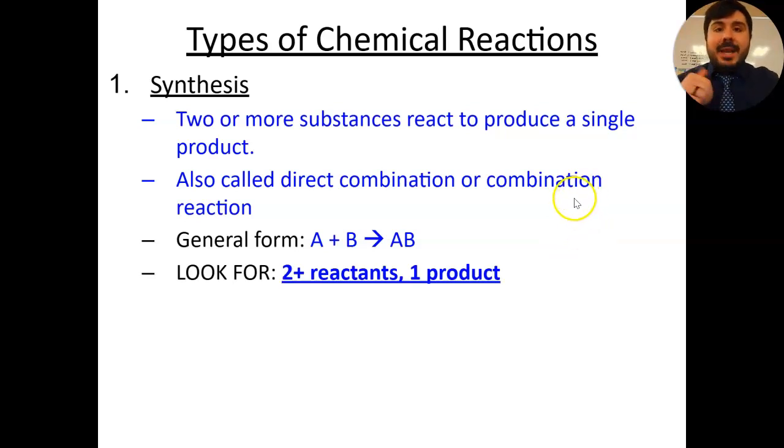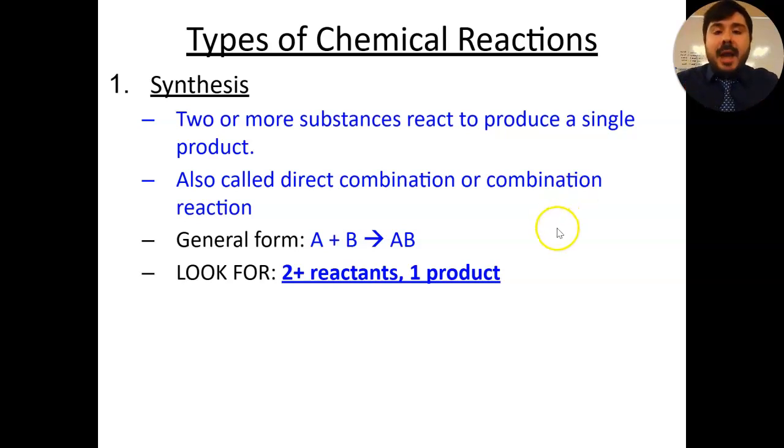Now, I also add in for all 4 of these chemical reaction types what to look for, because your main goal here, guys, is to be able to look at a chemical equation or a chemical reaction, look at the way it's set up, looking at your products and your reactants, and then make the determination what type of chemical reaction it is.